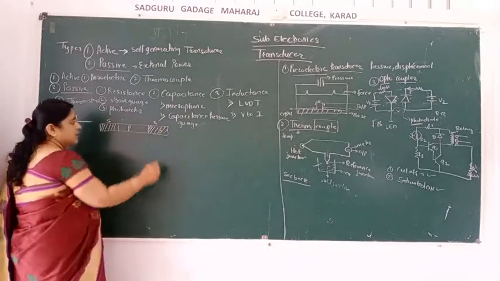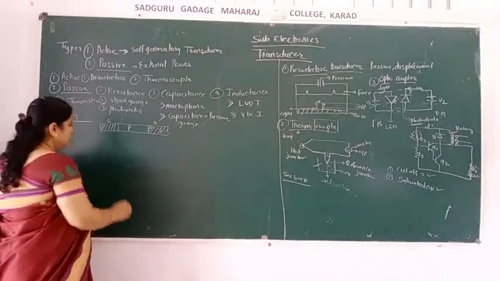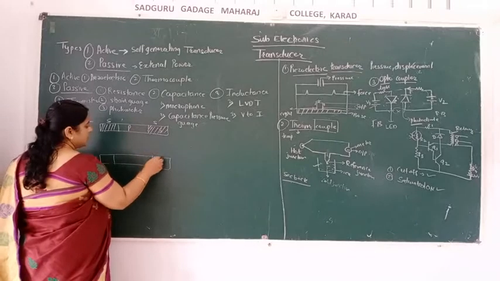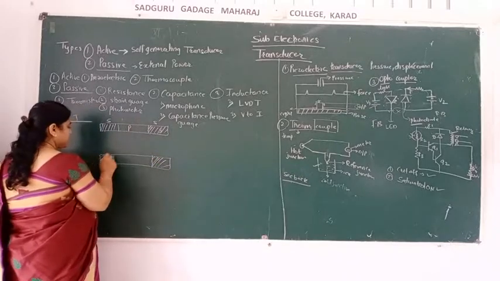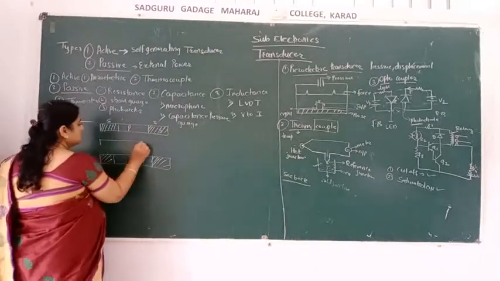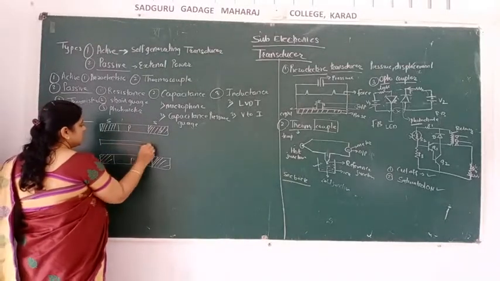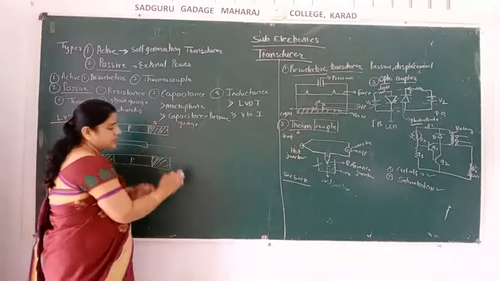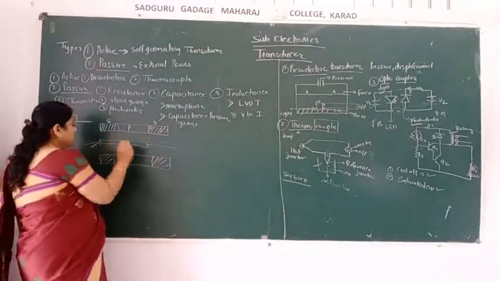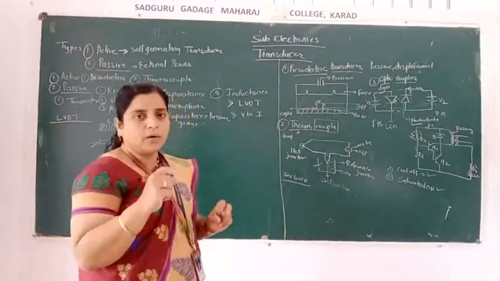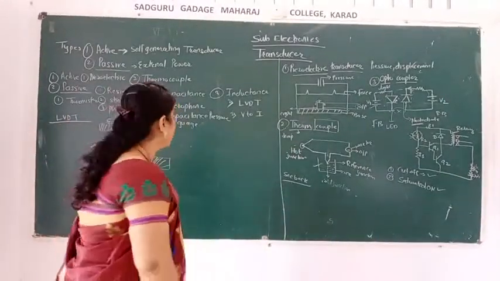These two are the secondaries of the transformer, and this is the primary. One bar is there, a central bar, which moves towards the left side or right side. The whole working depends on that centrally connected bar or core.